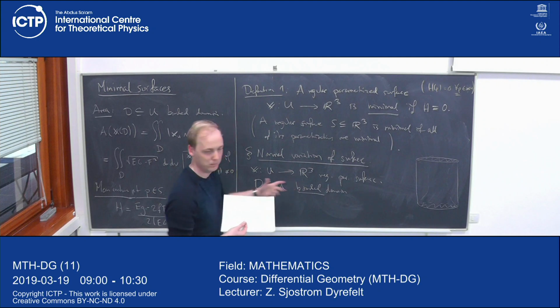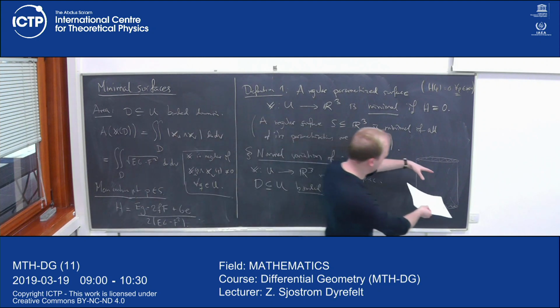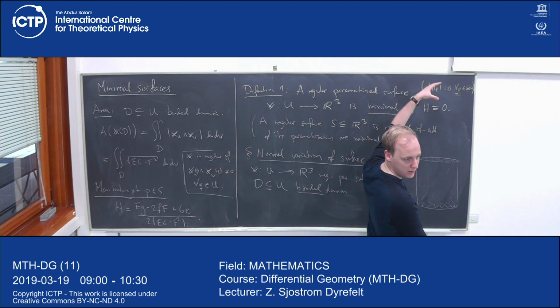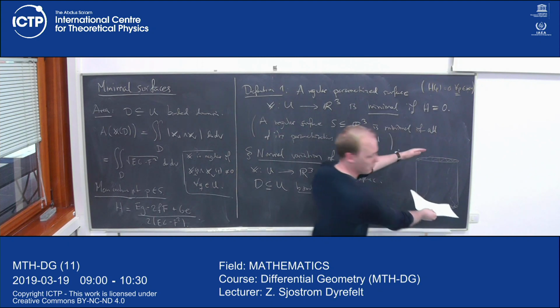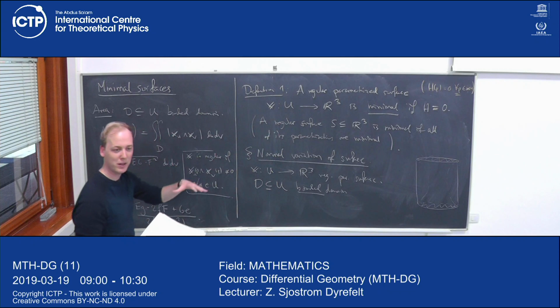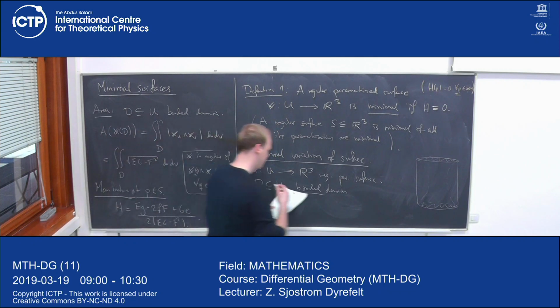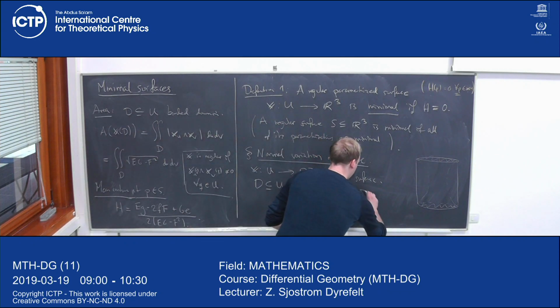So this is what it will mean by local, right? So when I have a cylinder, it might stretch off to infinity, but when I talk about area minimizing, I cut it off at some point. And so this D will correspond to cutting off this surface. And I will look at this piece and say, how can I minimize the area within this D? Okay, and then I write my notation. So I write D bar would be just the closure of this circle.